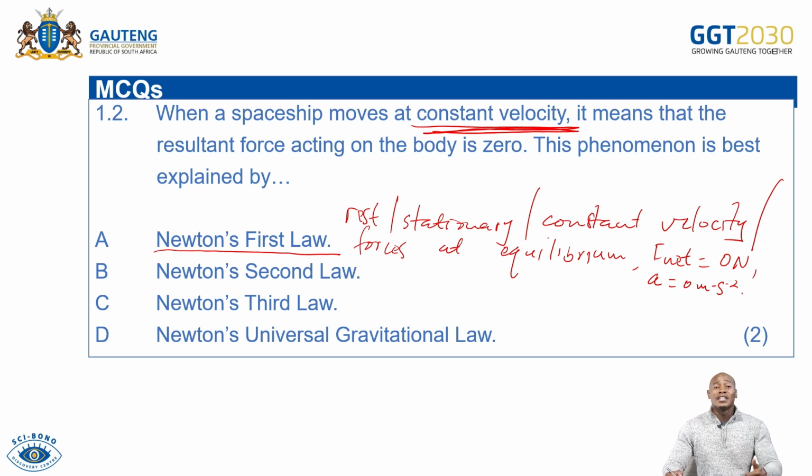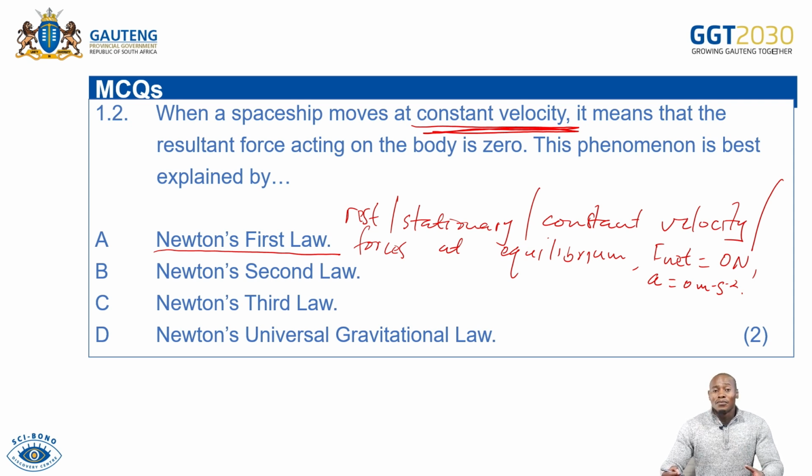Okay, so that is application of Newton's first law. So when you read the statement, and the statement says an object is at rest, or an object is stationary, or an object is moving at a constant speed or constant velocity, or forces acting on an object are at equilibrium, you should know that that is application of Newton's first law, right? And if it's application of Newton's first law, it means that the net force, we are not saying the forces acting on that object, but the sum of the forces acting on that object is equal to 0 newtons.